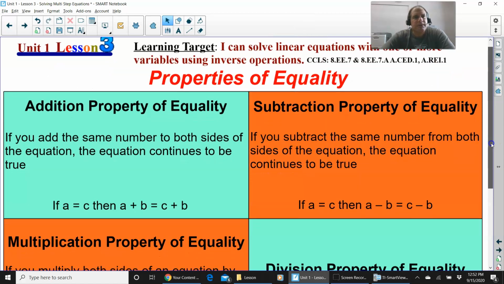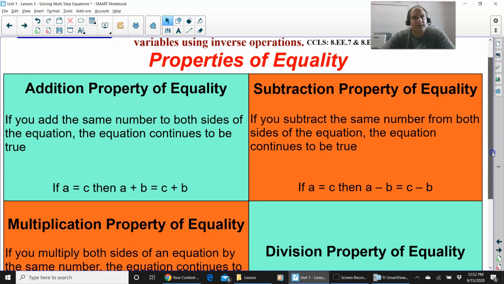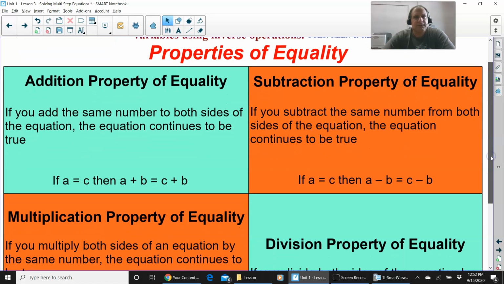So just the properties, I know we did this in the first lesson, but the properties of equality, I just want to go through them because they are mentioned and they are important. The addition property of equality: if you add the same number to both sides, the equation continues to be true.